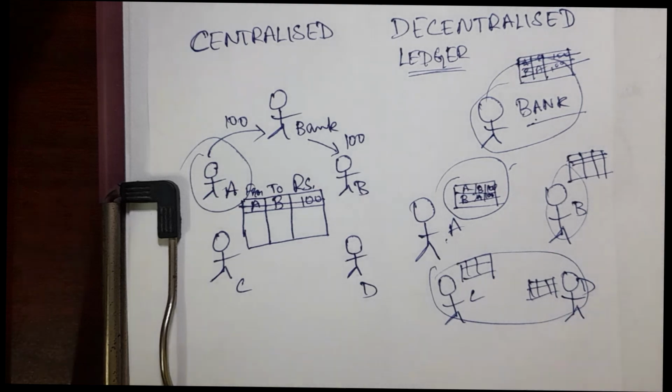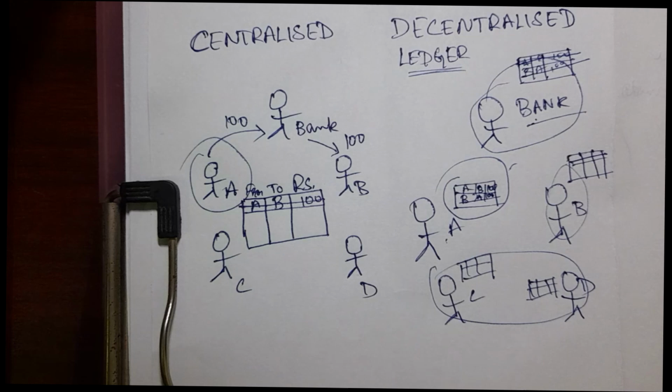Basically, the decentralized concept came because of blockchain, and blockchain came into existence because of Bitcoin.